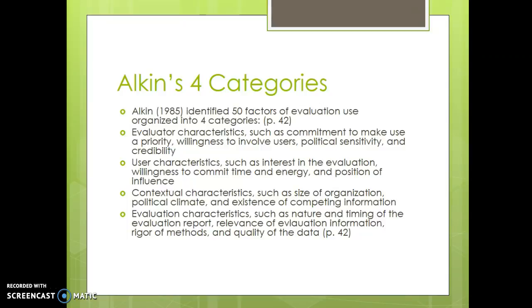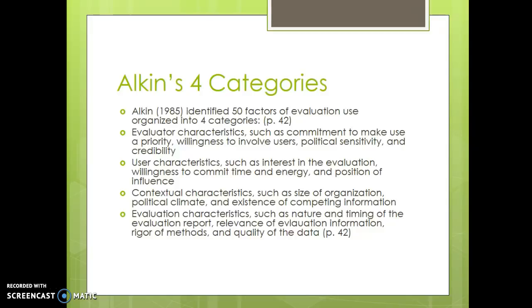So you have evaluator characteristics, which are commitment to making the use a priority, the willingness to involve the users, political sensitivity, and credibility. The user characteristics are their level of interest in the evaluation, their willingness to commit time and energy, and position of influence also.